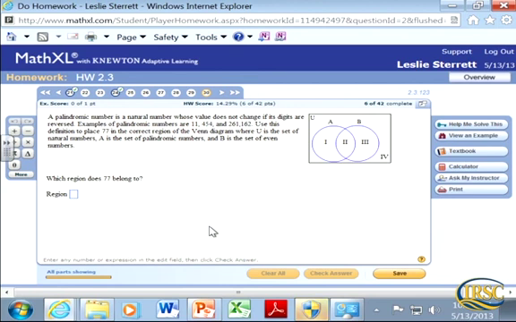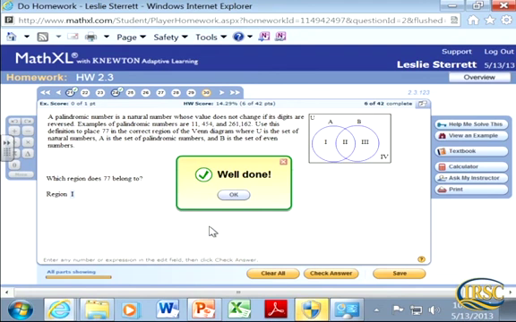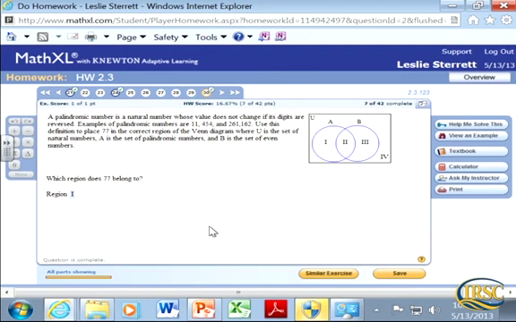So you would type, and you usually can type capital or lowercase, but typically Roman numerals are capital. And so you type a capital I in there, well done, because it is a palindromic number, so it belongs in set A, but it's not even, so it needs to be outside of B. So these that are in region 1 are just palindromic and not even.